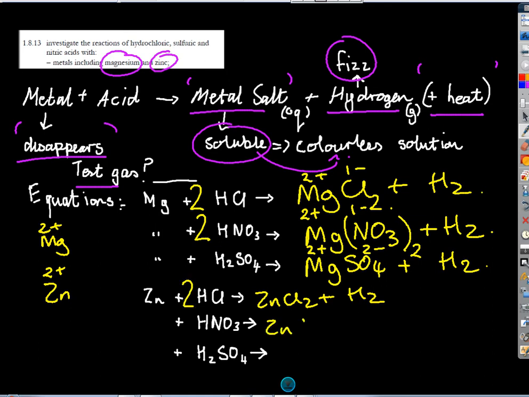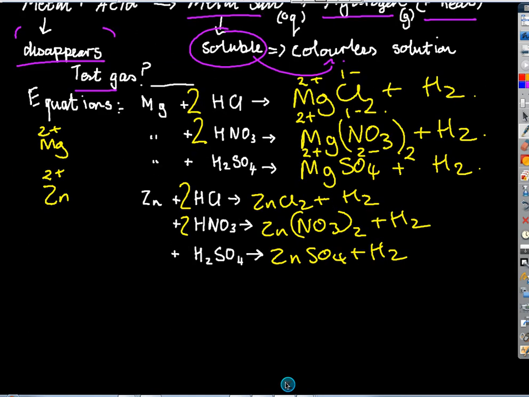We have zinc nitrate, plus your hydrogen. Go back and get your 2 hydrogens and your 2 nitrates, and the nice simple one at the end, which is the zinc sulfate plus the hydrogen. No balancing required, probably worth 1 mark less at GCSE.